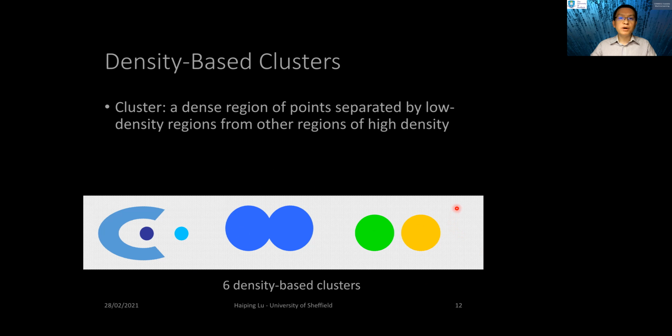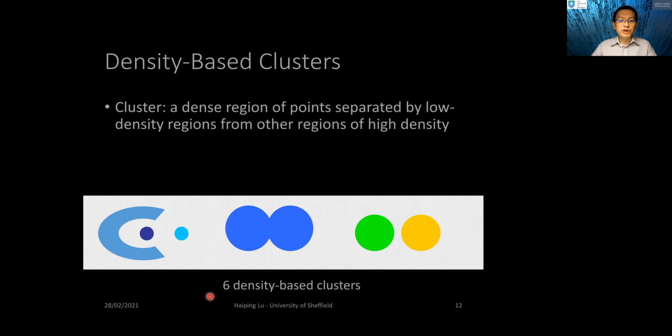There's another type of clusters, density-based clusters. So here, a cluster is defined as a dense region of points separated by low density regions from other regions of high density. So here is an example of many data points.